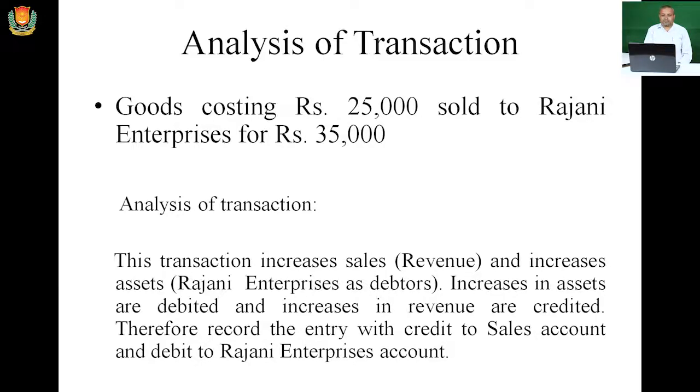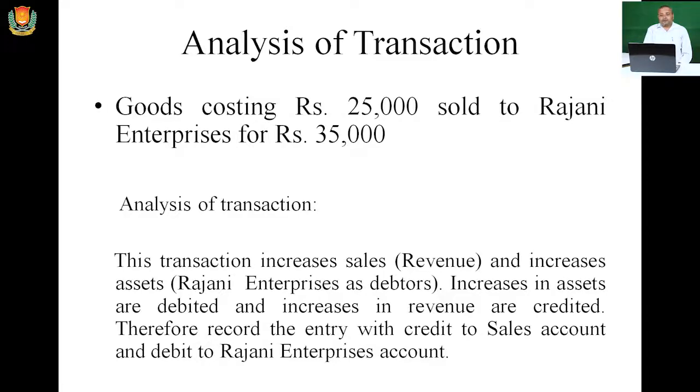Rajni Enterprises is a personal account, and the rule of personal account is: debit the receiver and credit the giver. So if the business entity has sold goods to Rajni Enterprises, then Rajni Enterprises is the recipient of goods. Being the recipient, Rajni Enterprises will be debited according to the rules of personal account.